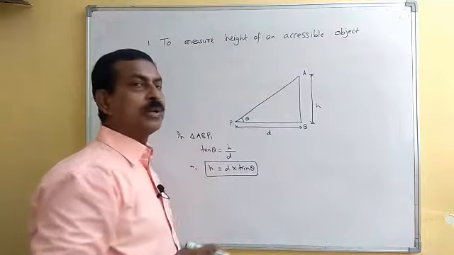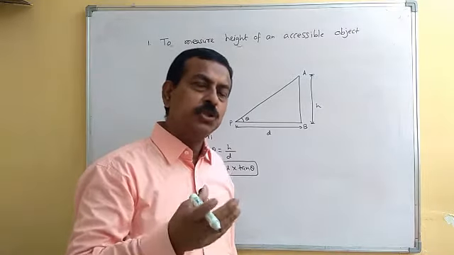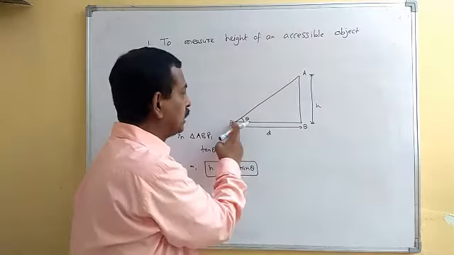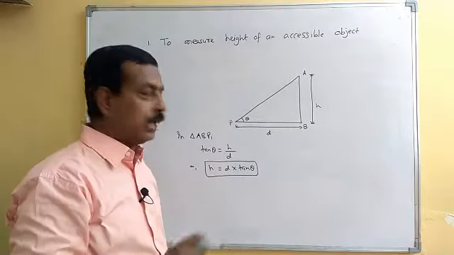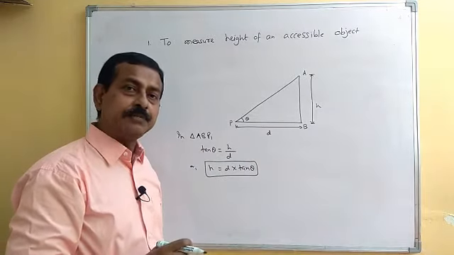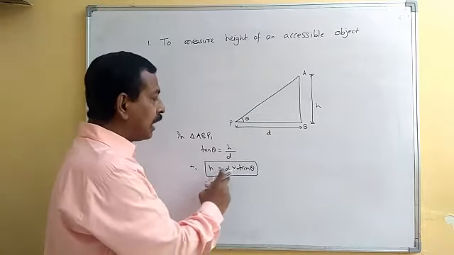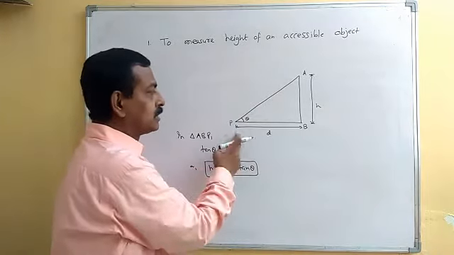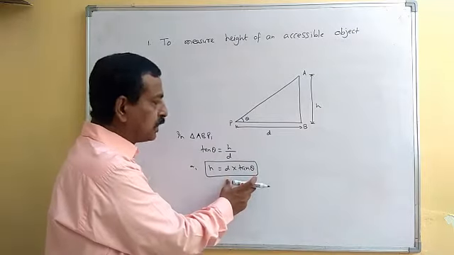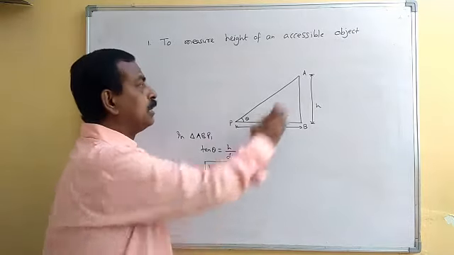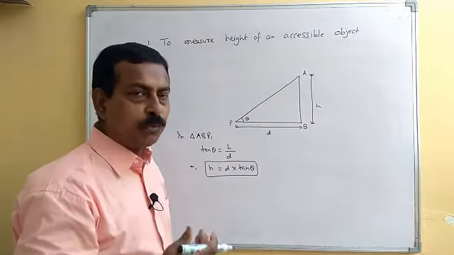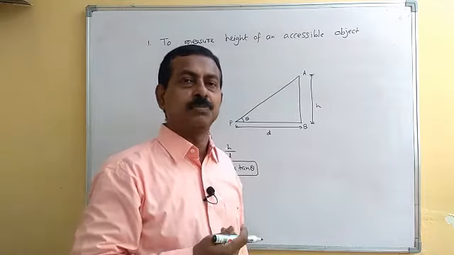This angle we can measure with the help of instruments, and we can find the angle subtended by this object at the point P. Then from the trigonometrical table, we can find the value of tan theta for that particular angle theta, and D is the distance from where we have taken the measurement. After substituting in the formula D into tan theta, we get the height H. So this is how we can measure the height of an accessible object.